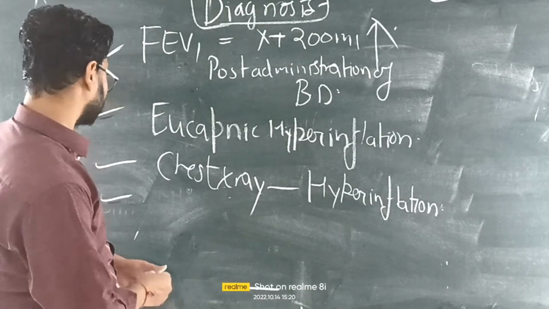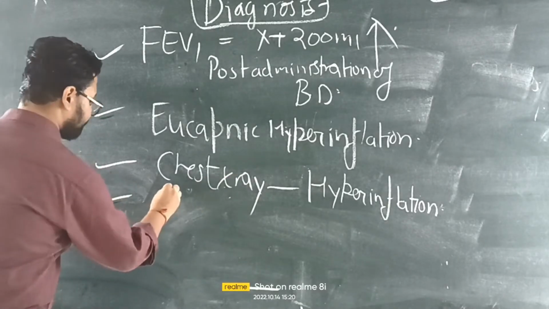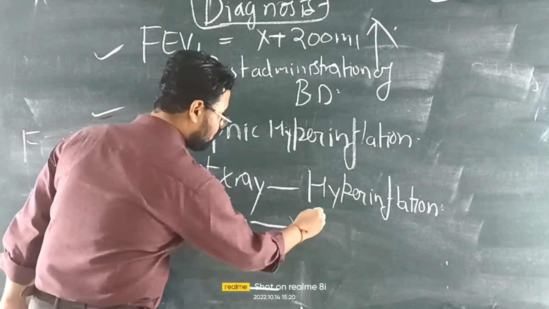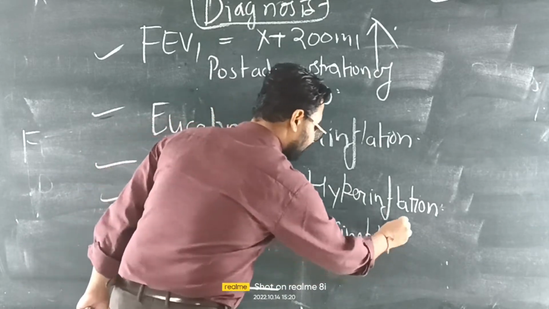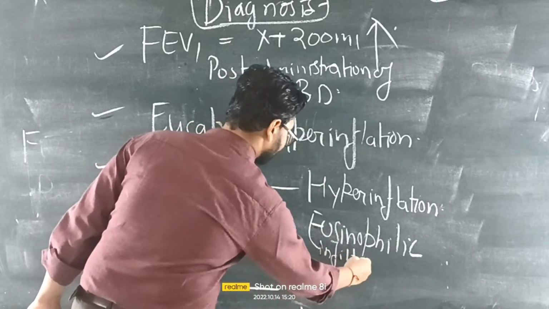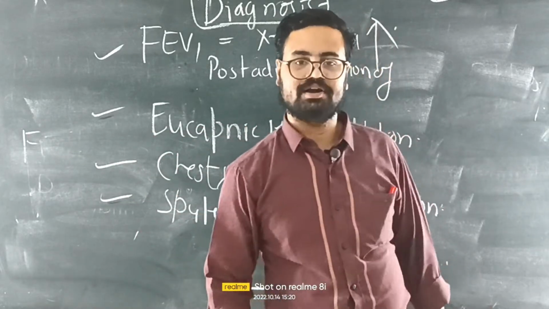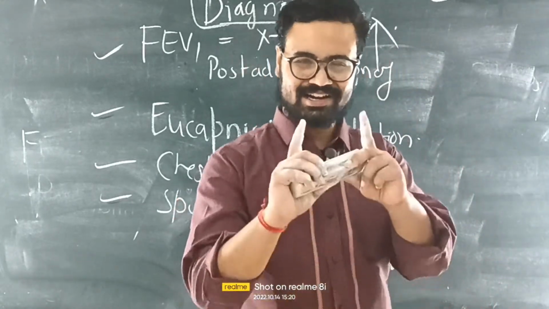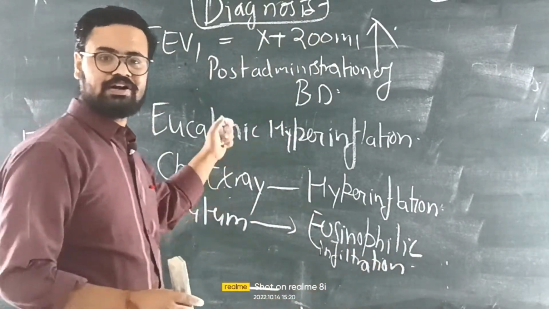And one more thing, last but not the least, sputum. Sputum will show eosinophilic infiltration. So this is the basic diagnosis of asthmatic condition. Now we will talk about the classification of asthma and the treatment of asthma. Now let us see. Let me delete it, note it down.